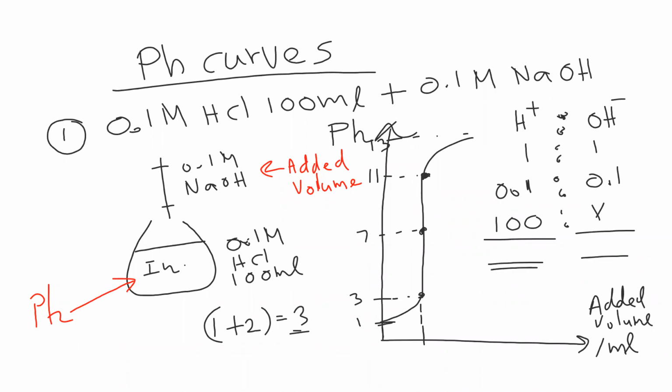Then take the final in this way. 1 into 0.1 into 100. What is the value? 1 into 0.1 into 100 is 10.